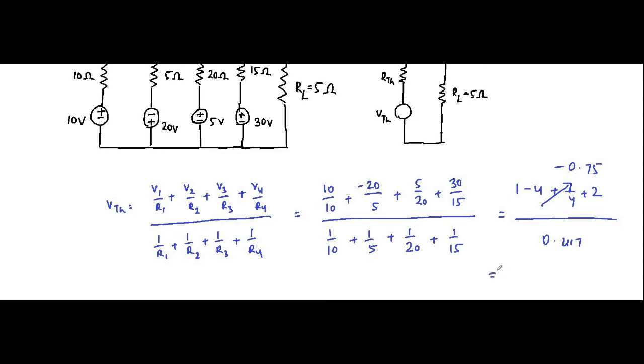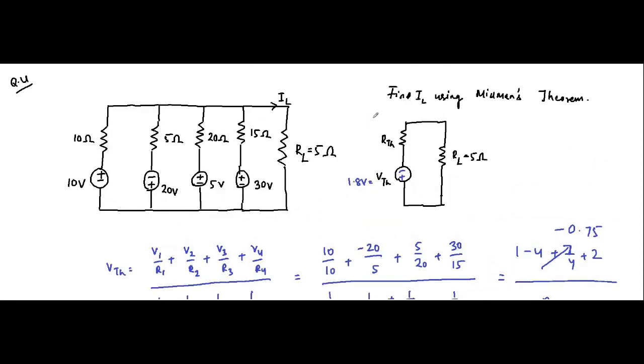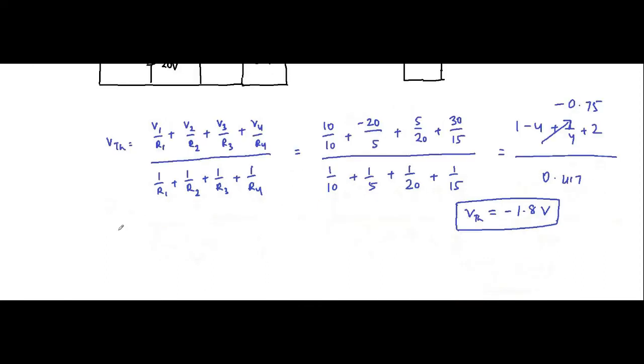So it is somewhere around minus 1.8 volt. This is VTH. The way to write it is minus plus 1.8 volt, because minus plus will be the polarity of the voltage source. So here we have calculated VTH.